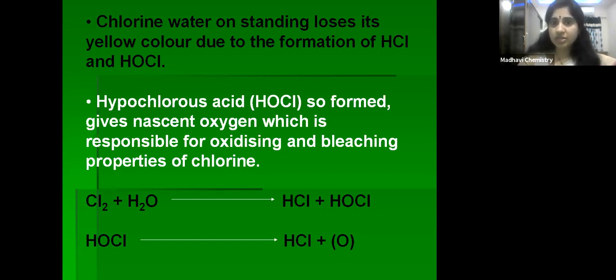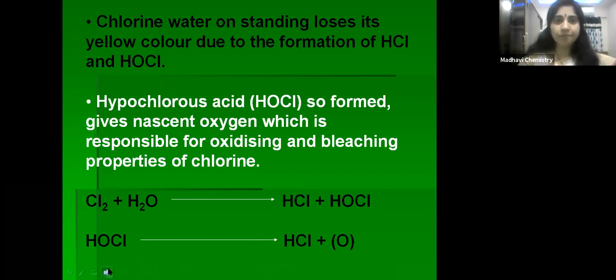Why does chlorine water have a bleaching or oxidizing property? Because of this nascent oxygen. Hypochlorous acid, which is formed on standing of chlorine water, is unstable, it decomposes to give HCl and nascent oxygen. That nascent oxygen is responsible for the bleaching action and oxidizing action of chlorine.